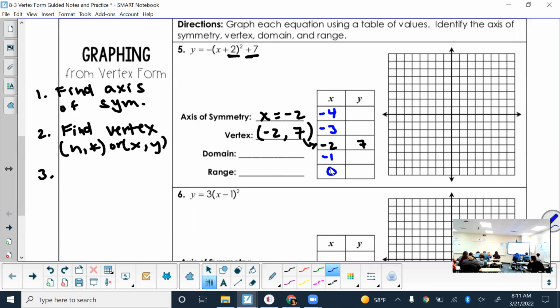How do you find the y's on your tables? You use your calculator. So I would get it out now because you are going to do a U try, so you might as well get it out. Whichever one you can use. So step 3 was put the vertex in the middle of the table.